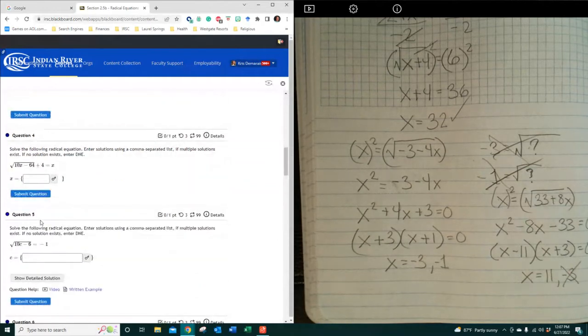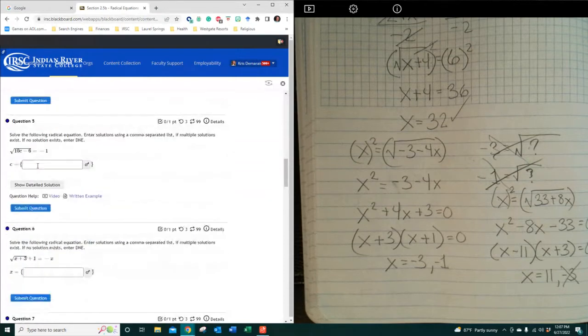Now, this process is repeated several times. You go ahead and subtract 4 from both sides, square both sides, and then go ahead and isolate for the variable x, and then check your solution. Now, this one right here cannot exist because this is already isolated and you have a negative value.